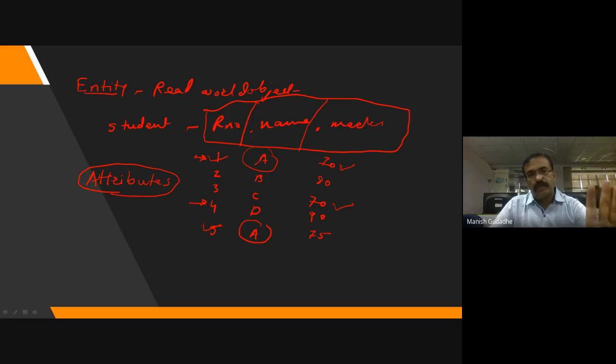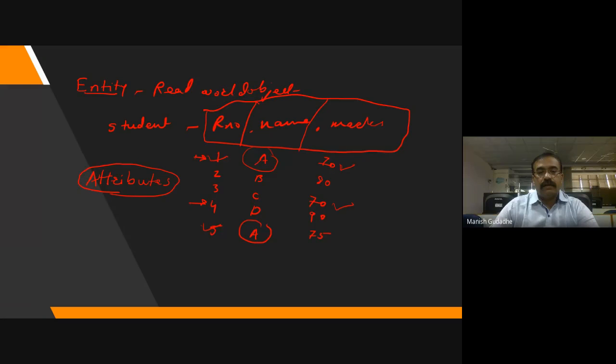These two terms you need to remember because frequently we are going to use these two terms. Now, if you want to ask anything, you can definitely interrupt in between the class and ask. So entity and attribute, these are the two terms which we are going to take care of.